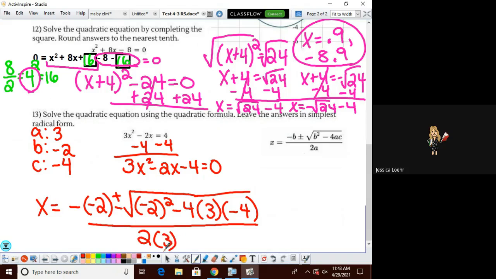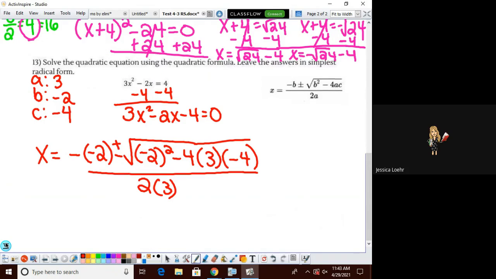You must show this to get full credit, everything being substituted in. If you do not, you are not getting full credit. Negative negative 2 is just 2. Then you're going to plug in everything underneath the square root into your calculator. When you do that, you get 52. And this is all over 6.